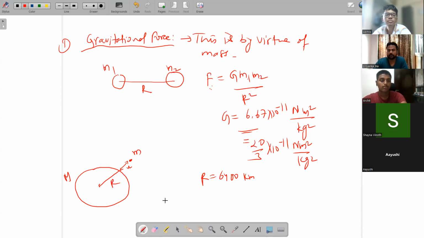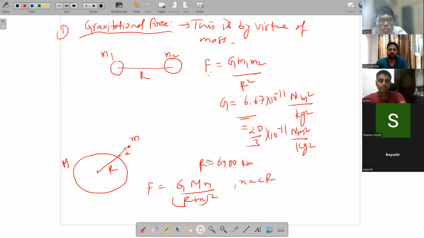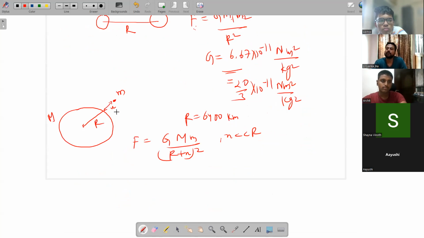So they will have gravitational force F equal to G M m upon (r plus x) whole square. If x is far less than r, because that distance may be like 1 kilometer, 2 kilometer, 5 kilometer, compared with 6400 kilometer this is a very small value, so it will not make any difference. You can ignore x, and r plus x can be written as r only.